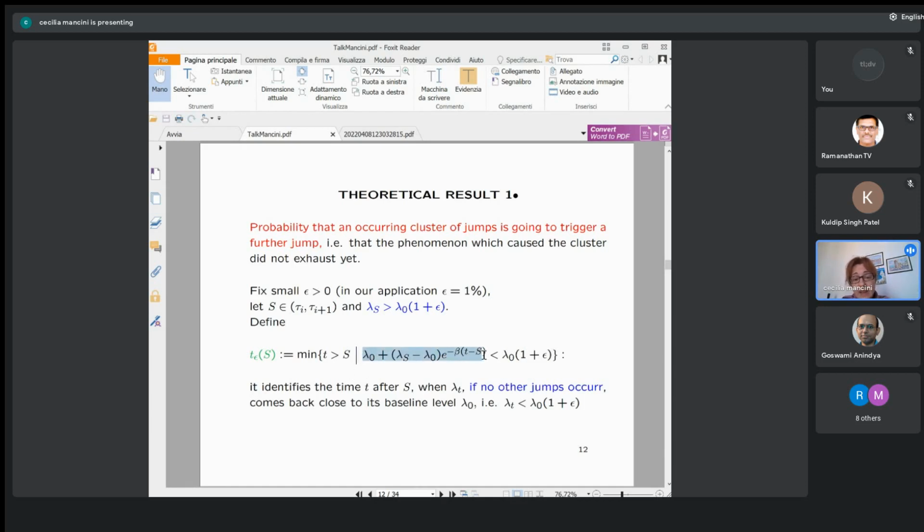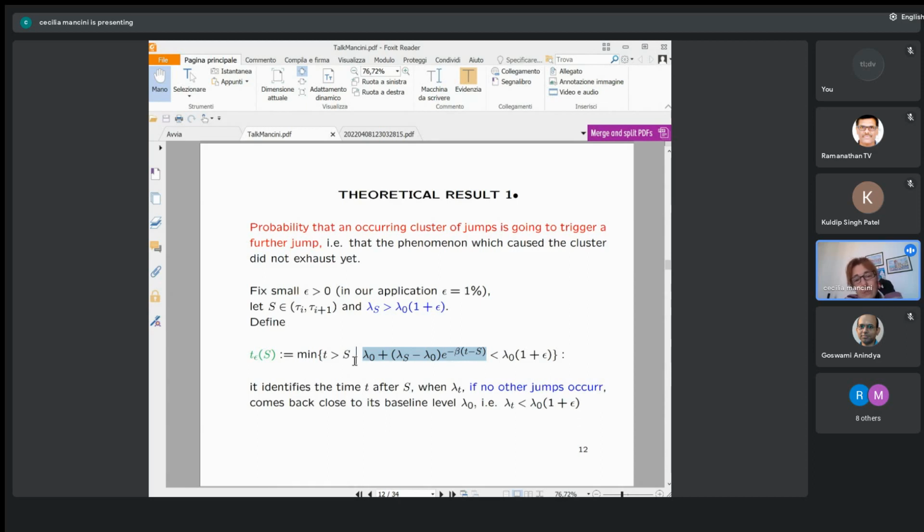This quantity here is exactly the value of lambda t for all t after S and before the next jump. So the value of lambda t if no other jumps occur. Okay, so we start with lambda S far from lambda 0, above this level here.